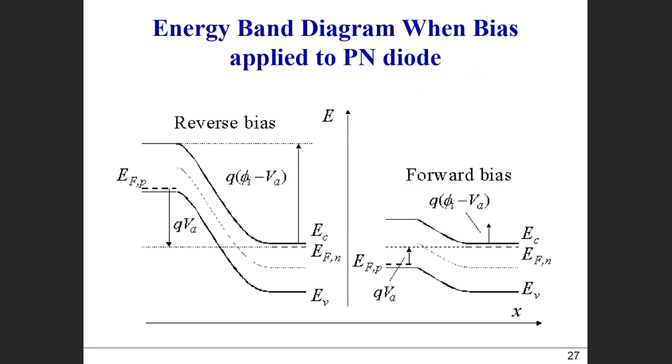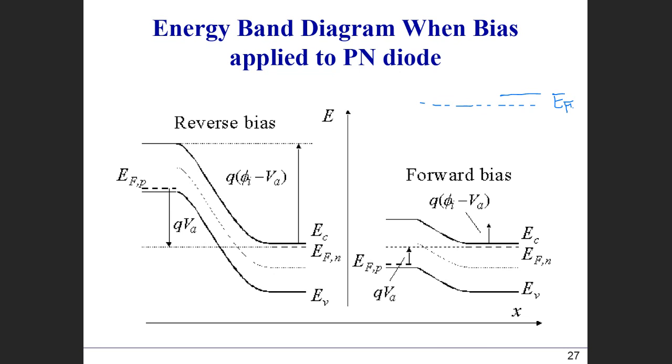Now, as you remember, at thermal equilibrium, as we're going to see later on, EF, the Fermi energy level, is going to be constant throughout this PN diode.